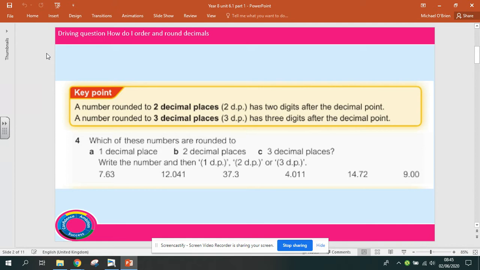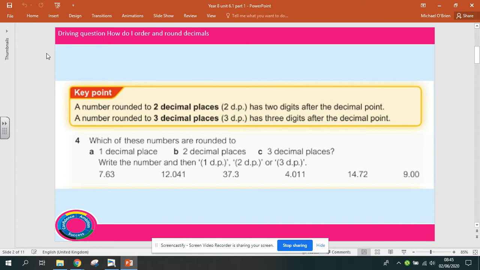Okay, so for this next one, I'm gonna just go through these really quickly because they all make pretty much sense. If I start on the left and work my way across, 7.63 has 2 decimal places, so 2 dp. 12.041, the next one, has 3 decimal places, 3 dp. 37.3 has 1 decimal place. 4.011 has 3 decimal places. 14.72 has 2 decimal places.